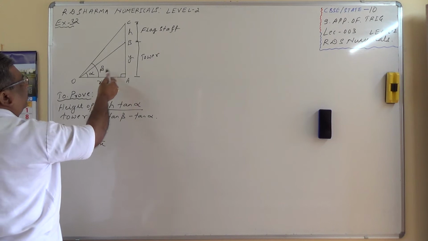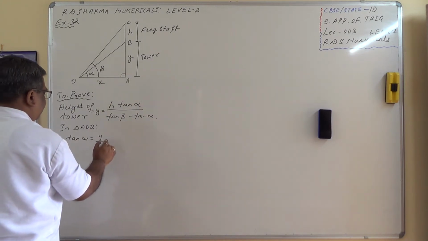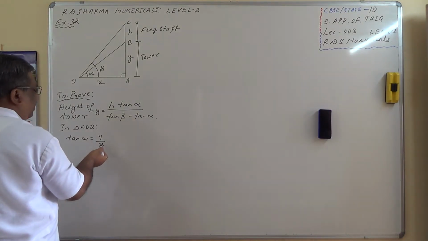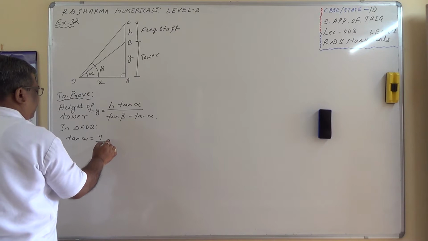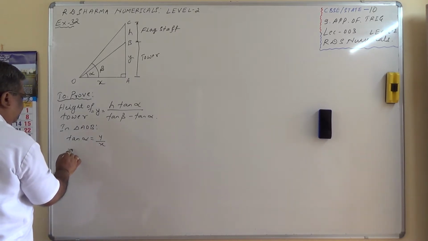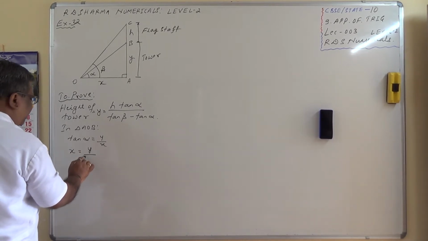So what should we do from here? X is equal to, if anything is required, I'll say x equals y divided by tan alpha.